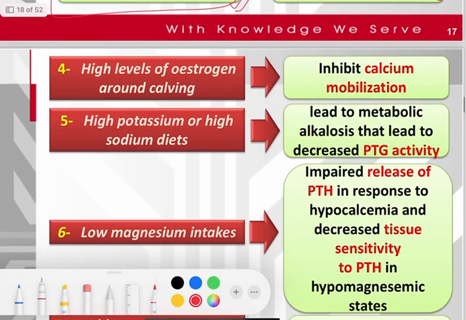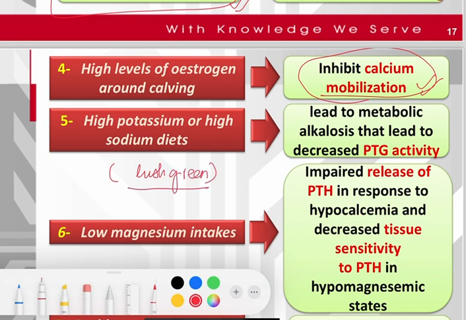High levels of estrogen around calving inhibit calcium mobilization. High potassium or high sodium, which are mostly seen with consumption of excess lush green pastures, lead to metabolic alkalosis, and the metabolic alkalosis leads to decreased activity of the parathyroid gland.